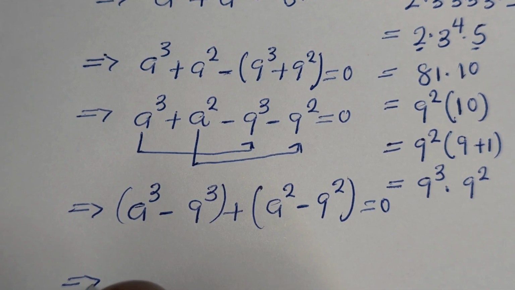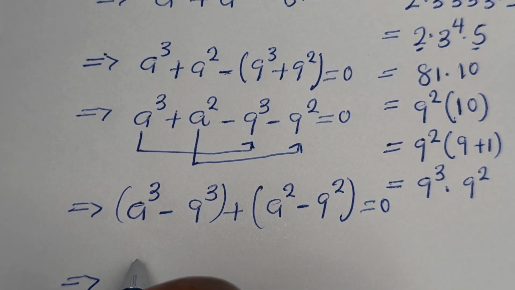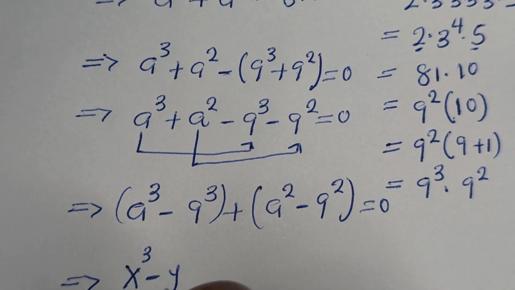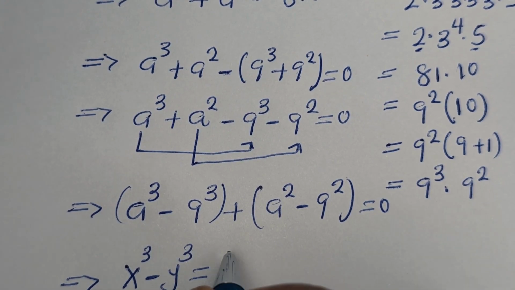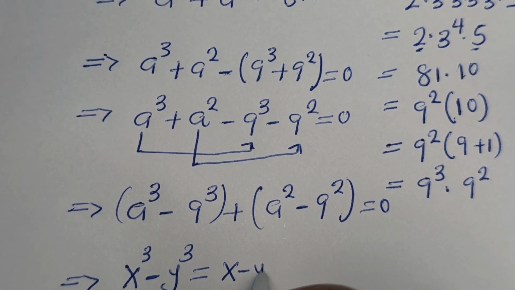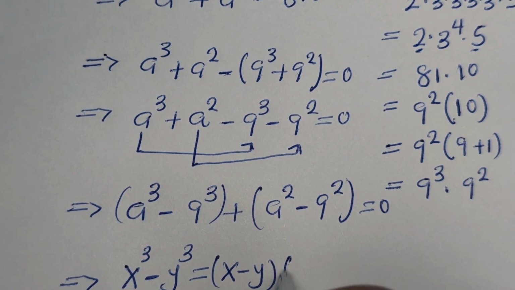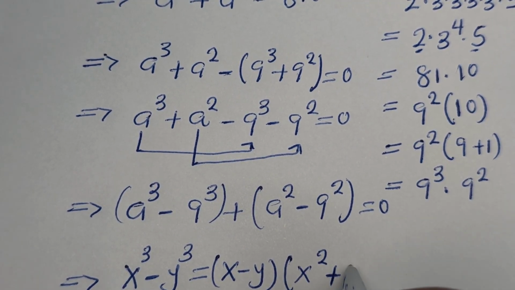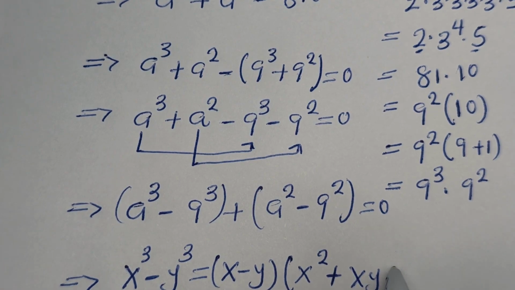Now, if you have x raised to power 3 minus y raised to power 3, this is x minus y bracket x square plus xy plus y square.